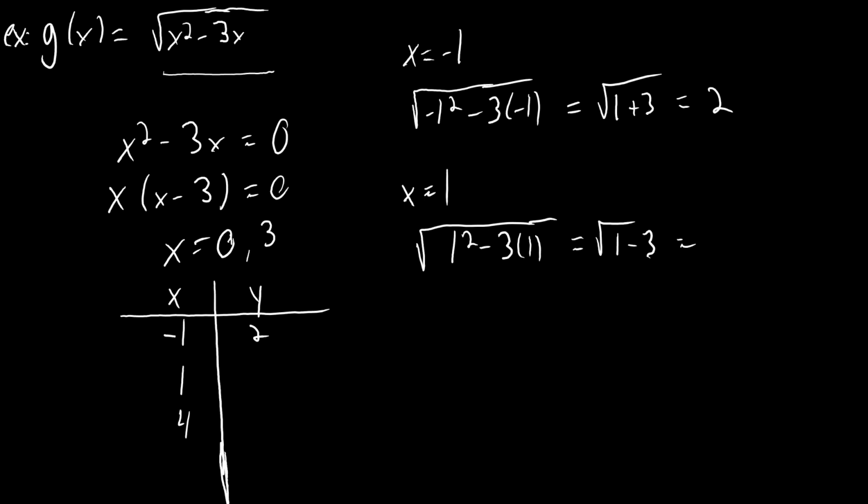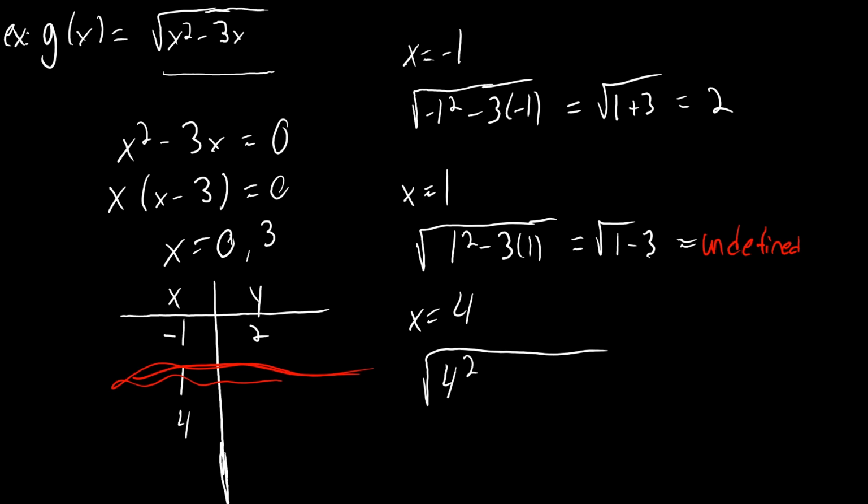Okay, so this is undefined, right? So we don't need that. And what about x equals 4? I assume this is going to be defined. We got 4 squared minus 3 times 4. It's going to equal 16 minus 12. We have the square root of 4, so it's going to be 2. Okay, perfect.